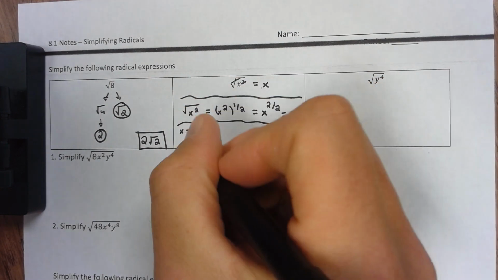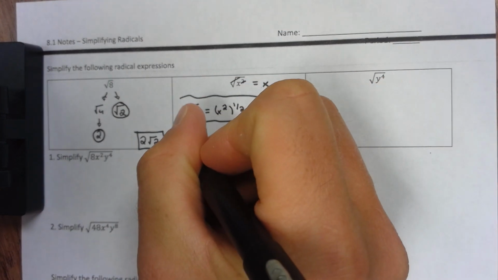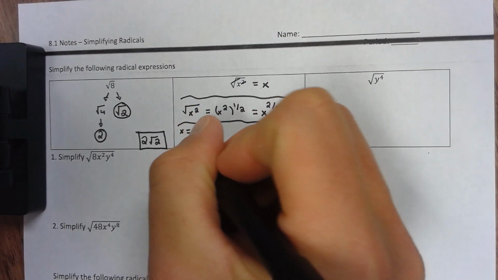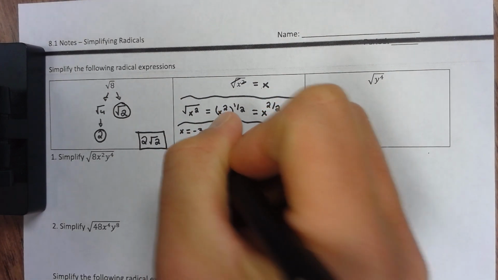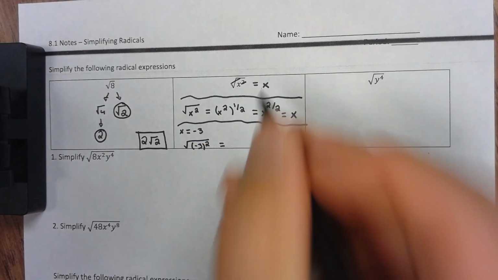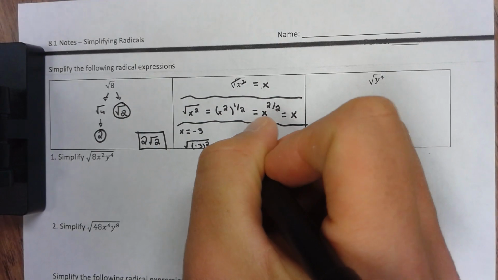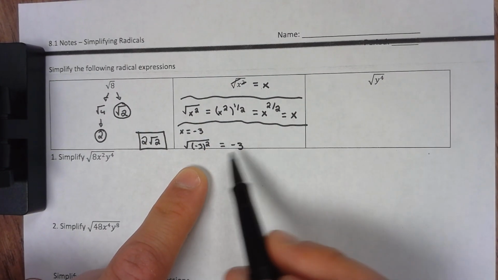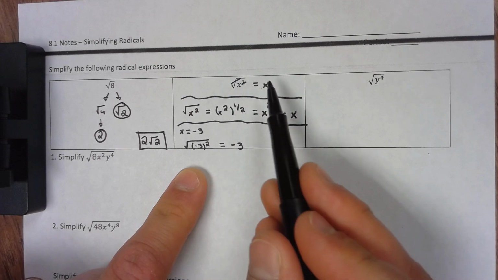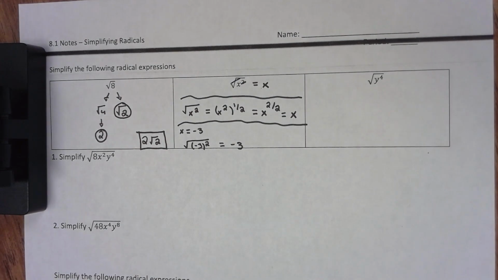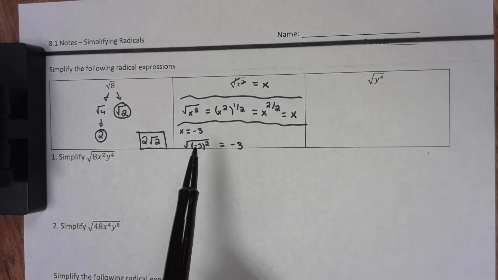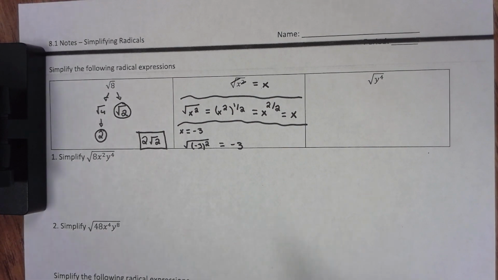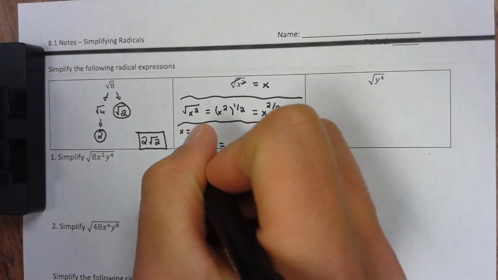Well, if I plug in -3 into the square root of x squared, I get the square root of -3 squared. And we're checking, does that equal -3? So plug -3 into square root of x squared, plug in that same -3 to what we think it equals, being -3. Well, what happens here when we square this -3, it turns to +9.